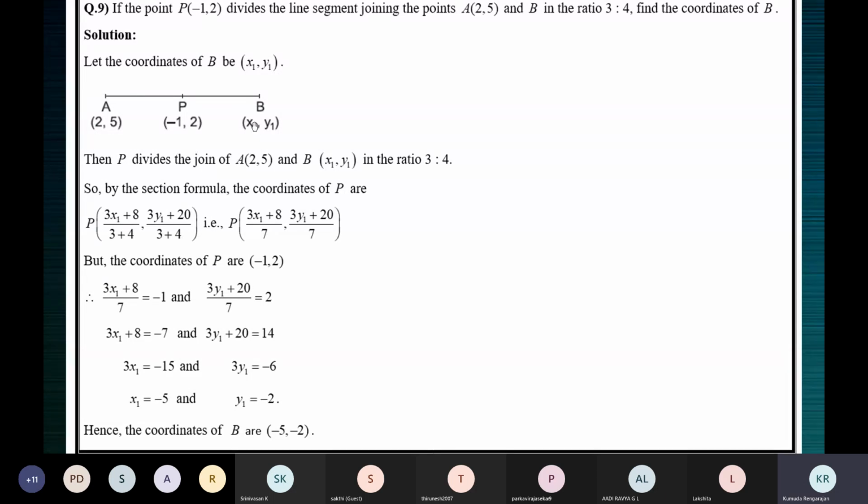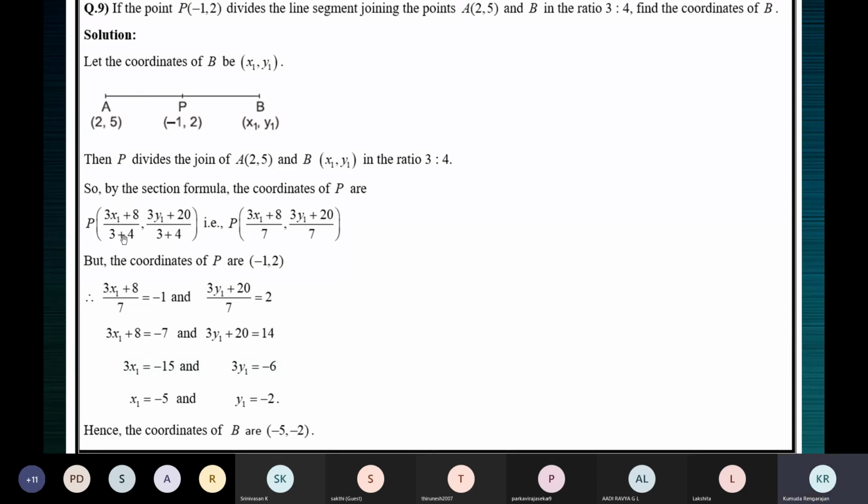So 3 into x1 plus 4 into 2, 8, by 3 plus 4. And the y coordinate will be 3 into y1 plus 4 into 5, 20, by 3 plus 4.